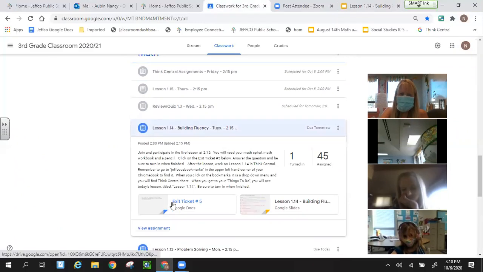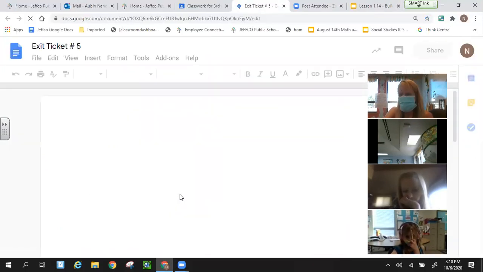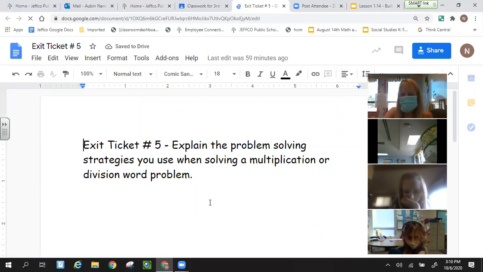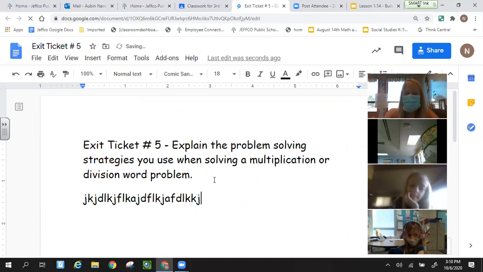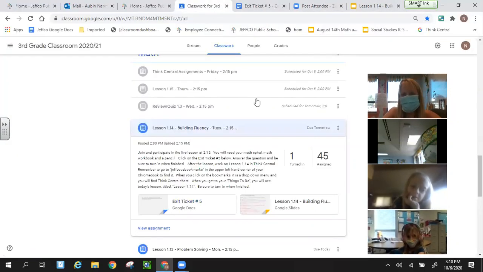When you click on it and you click on your exit ticket, you do not need to share it with me. Do not share it with me. You're going to write your answer or type your answer. And then you don't need to share it. You're going to go back to your classwork assignment and turn it in there. And then I will get a copy of it. But you do not need to share.